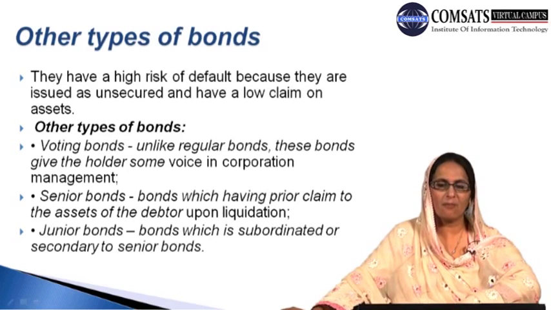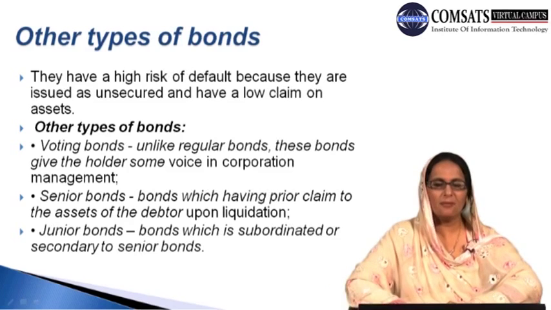Then we have other types of bonds, and among other types of bonds we have voting bonds. Unlike regular bonds, these bonds give the holders some voice in corporation management. That is, they are basically associated with the management of the corporation. And then we have senior bonds, the bonds which have prior claim to the assets of the debtor upon liquidation.